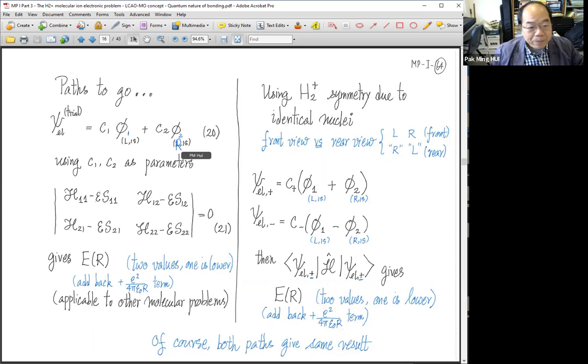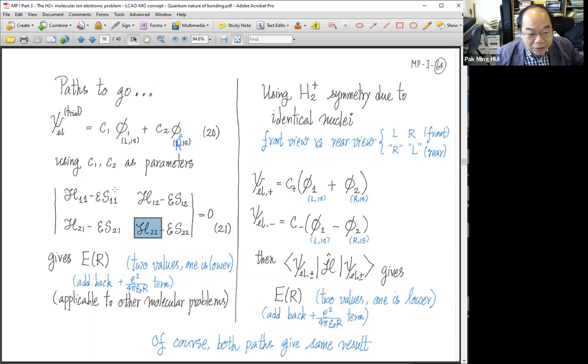Now you proceed with variational calculation, then the matrix elements are of the same form, therefore you need to calculate this H11. By symmetry, I think you have a sense that H22 is the same as H11 because they are the same atom, hydrogen.